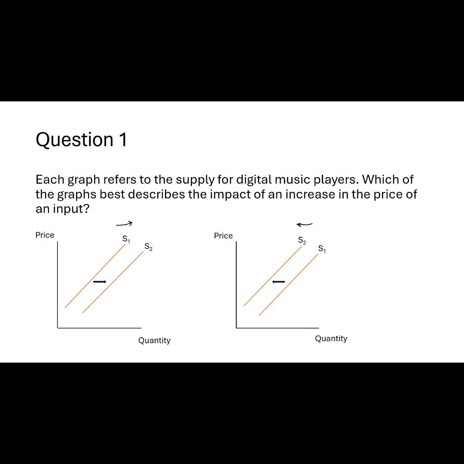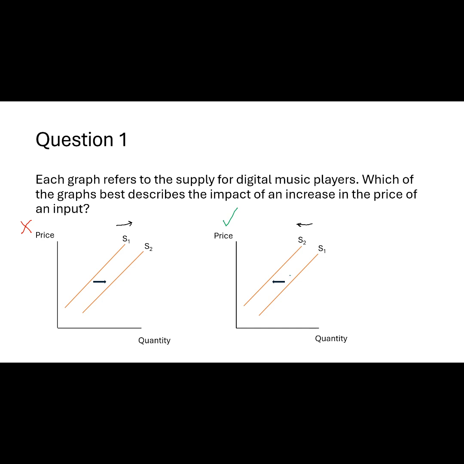So what that would suggest is that if there's an increase in the input price, the supply of digital music players will decrease. So in fact, the graph on the right is the correct one, and the graph on the left is incorrect.